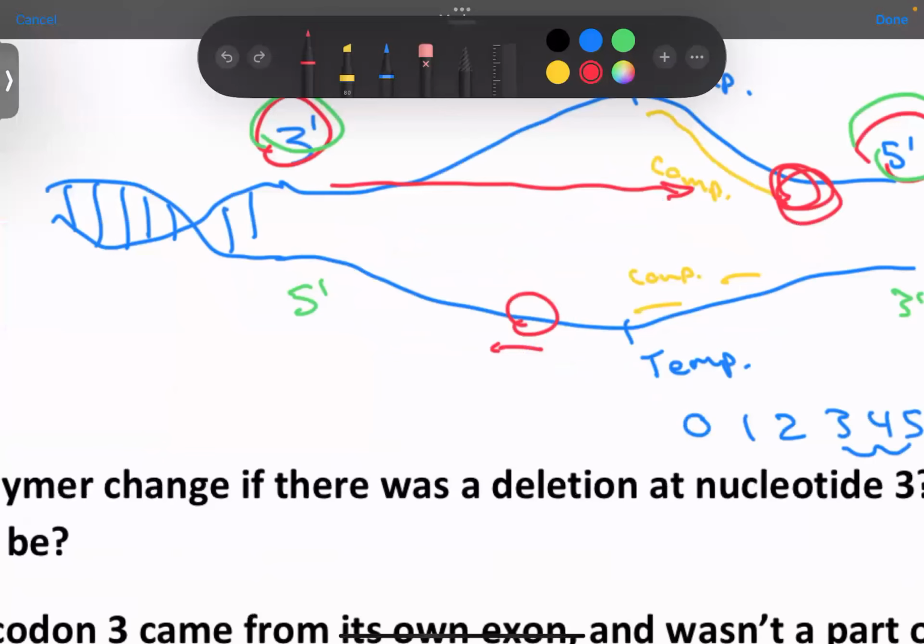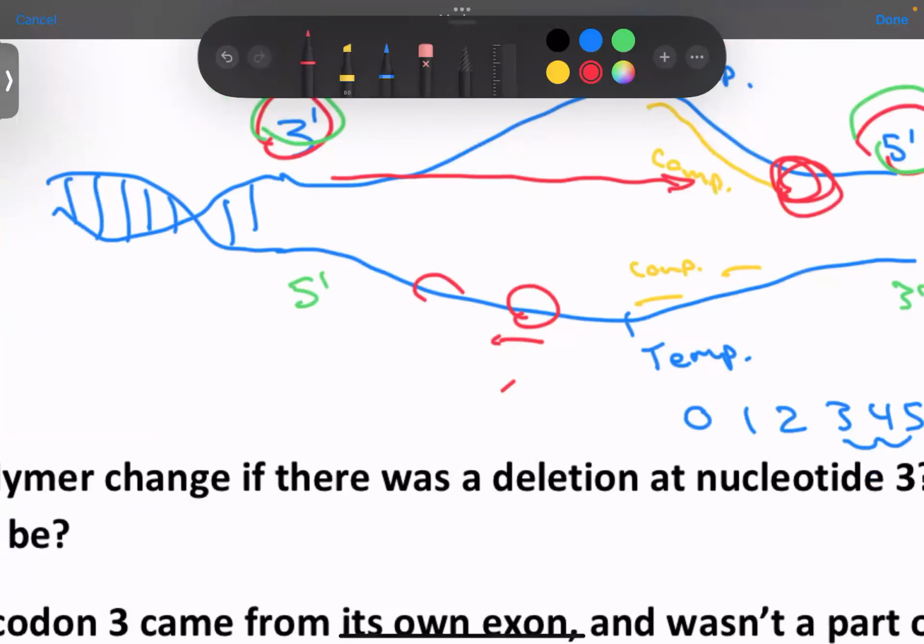And I guess I could draw it again. So if you were to zoom way, way, way in on this DNA, we would recall that a DNA molecule, it's hard drawing this sideways, looks a bit like this.